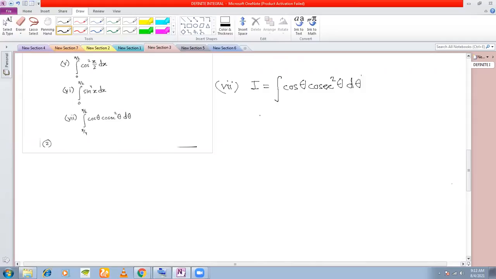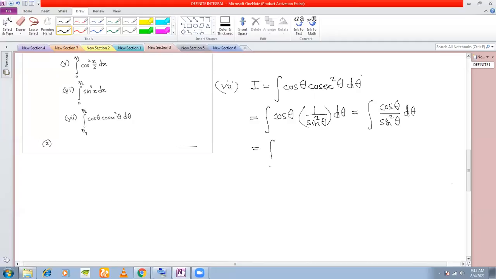Now see here, first evaluate this as an indefinite integral. Change cosec to 1 by sine. So you get 1 by sine square theta d theta. So what you are getting here, integral cos theta by sine square theta d theta.